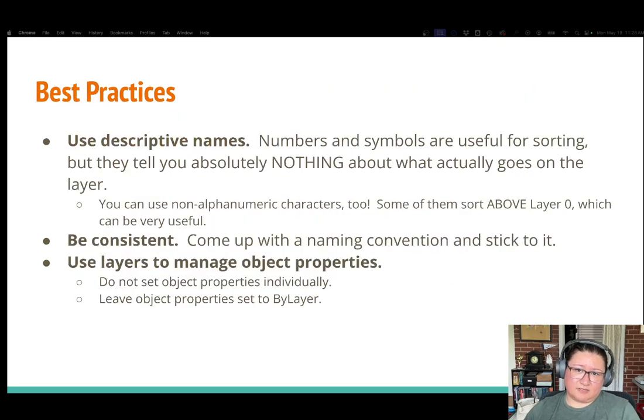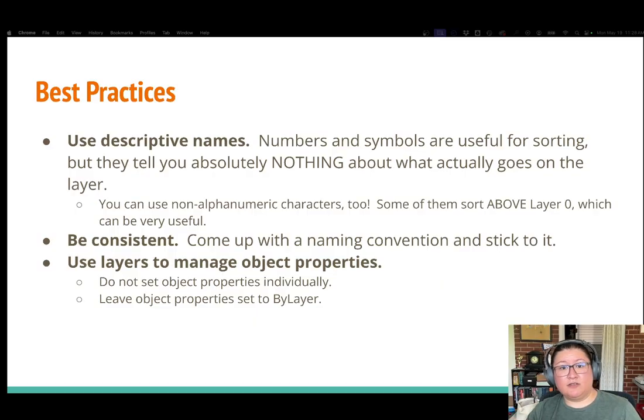Some best practices are going to be universal across whatever style you end up using. Number 1, use a descriptive name. Numbers and symbols are useful when you're sorting. It helps you put things in the order of priority, or things that you're going to use more often or less often. But it doesn't tell you anything about what's actually on the layer.